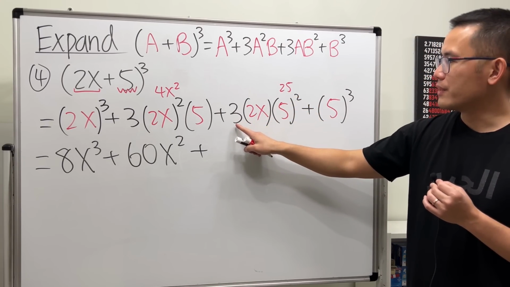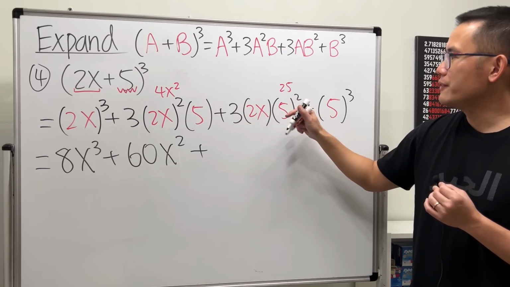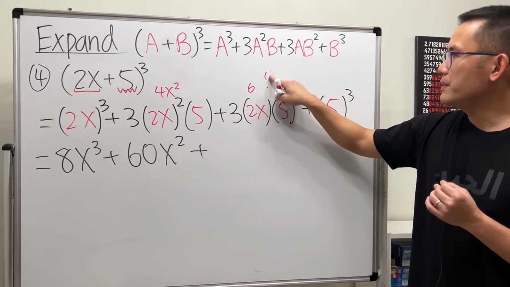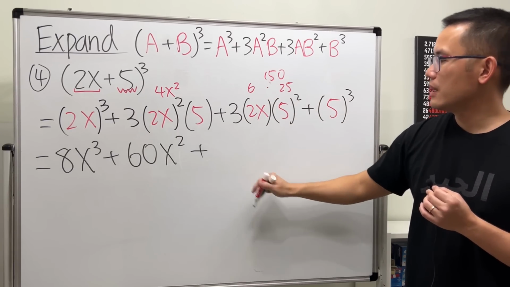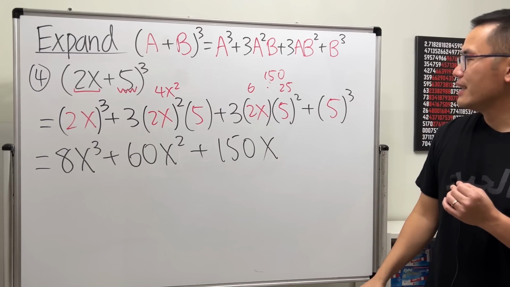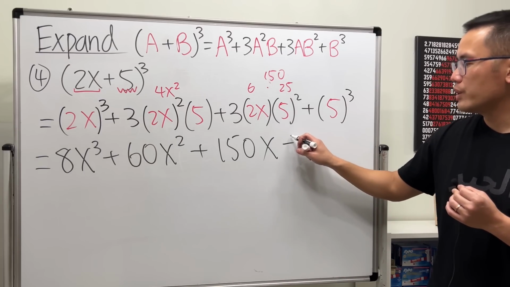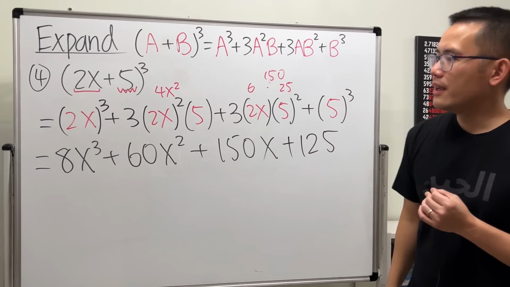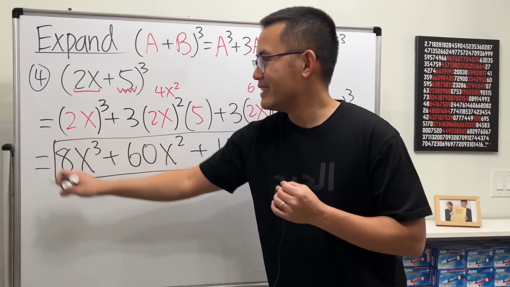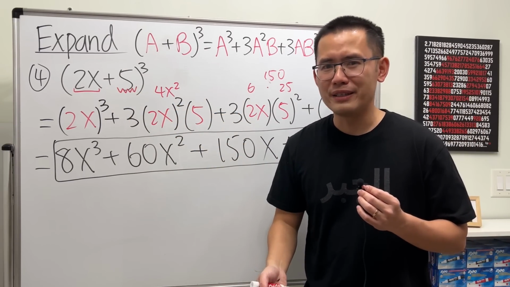So let's work on the numbers. 3 times 2 is 6. 6 times 25 is 150. And then this is just x to the first power. And then finally, 5 to the third power, 5 times 5 times 5, we get 125. So I will still say this right here is easier compared to writing this down 3 times and then multiplying it out.